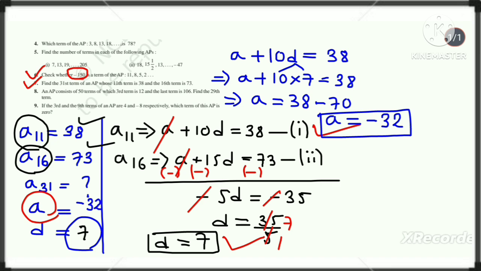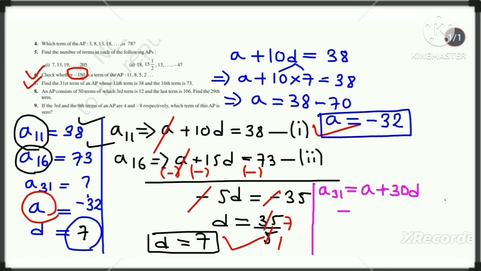Now we can easily find its 31st term, right? Okay, let's find over here. Here we need to find the 31st term, or A31, and this A31 can be written as A plus 30D.